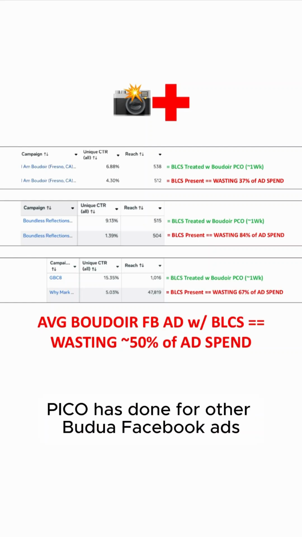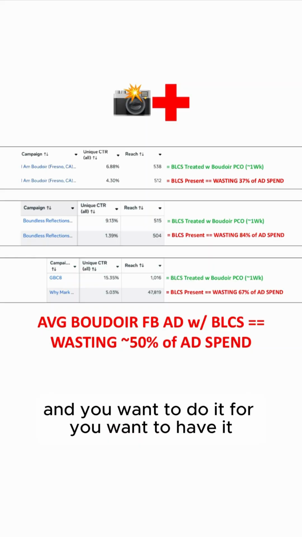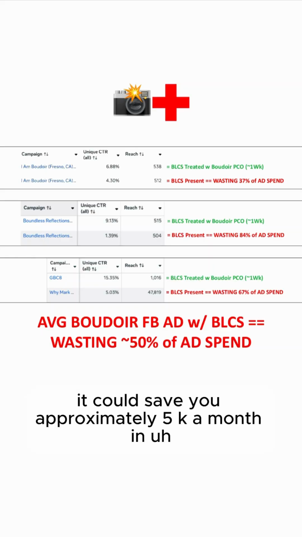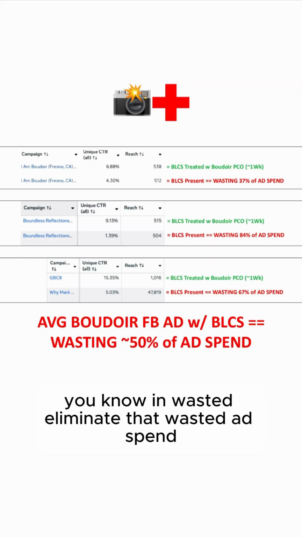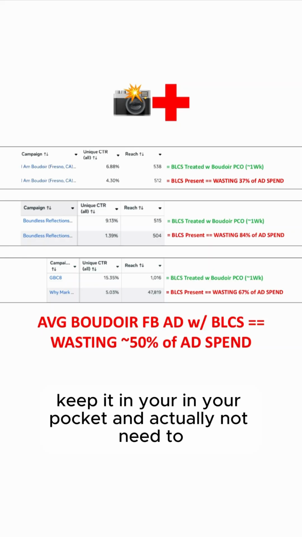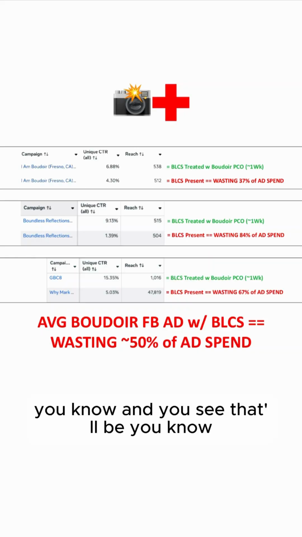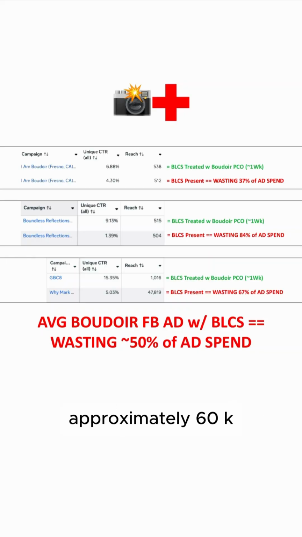And you've seen what Boudoir Pico has done for other Boudoir Facebook ads, and you want that treatment for your own, because you see it could save you approximately 5K a month, eliminate that wasted ad spend, keep it in your pocket, and not need to burn it. That'll be approximately 60K back in your pocket over the next 12 months.